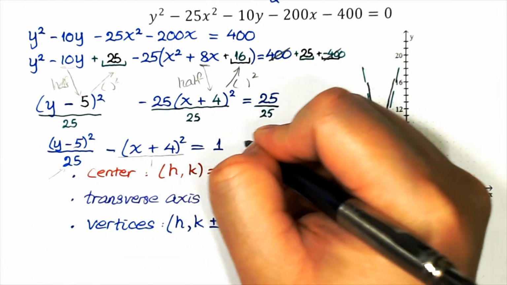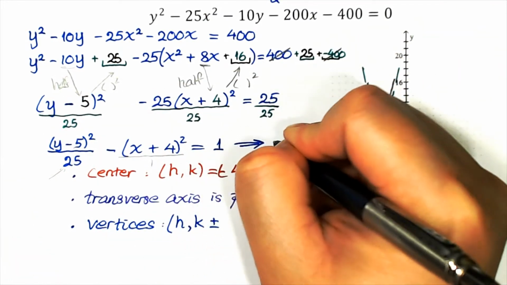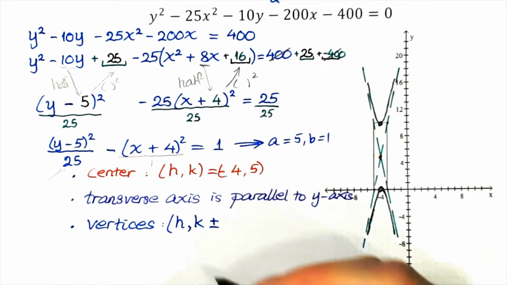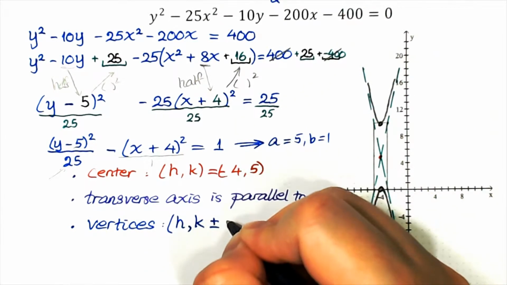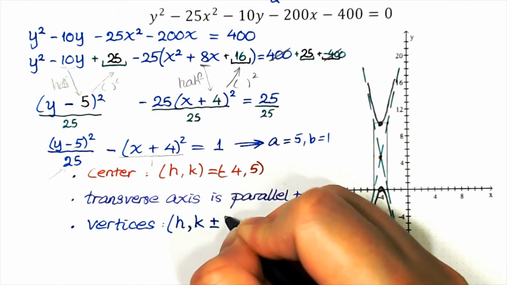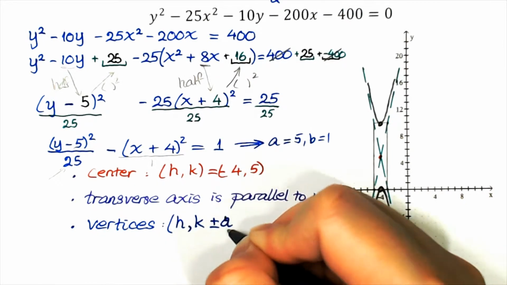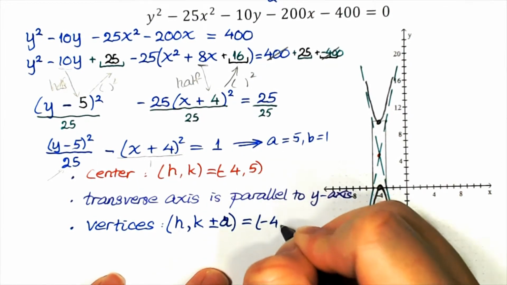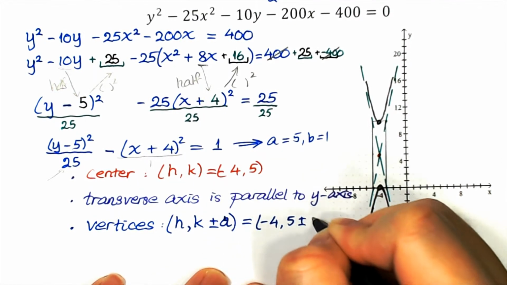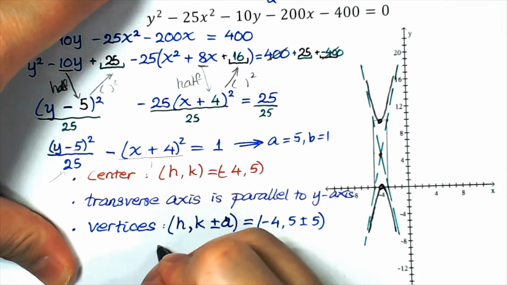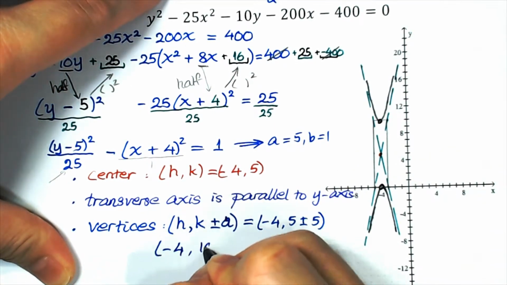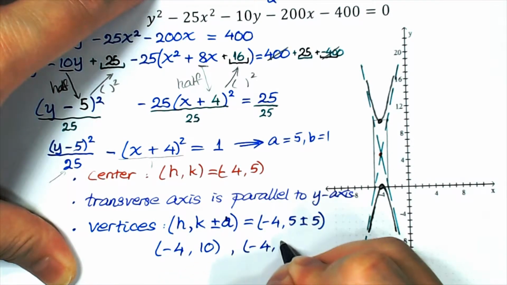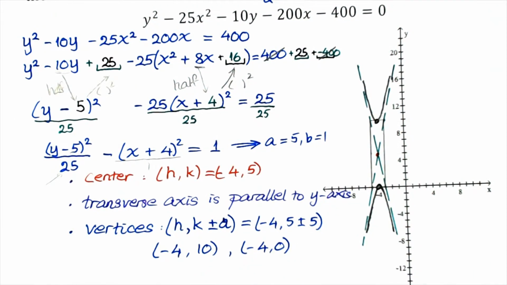So we can say from this equation a is 5 and b is 1. We just use the formula: negative 4, 5 plus or minus 5 gives us 2 points, (-4, 10), one vertex, and (-4, 0), the other vertex.